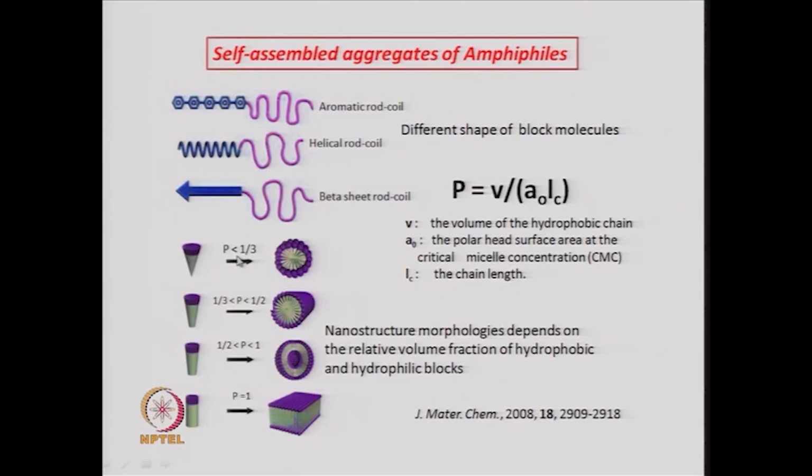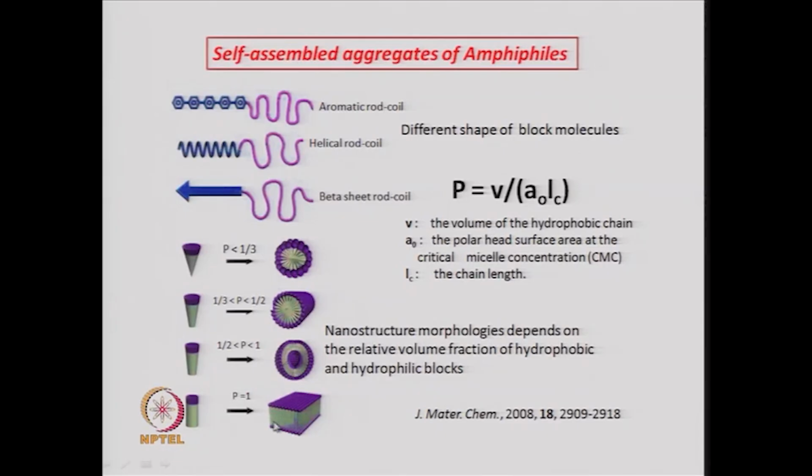If P is less than 1 by 3, then the structure will self assemble to form what is called a micelle. However, if P is between 1 by 3 and 1 by 2, the structure, instead of a spherical micelle, tends to be like a cylinder. If P is between half and 1, it tends to be somewhat like a vesicle.